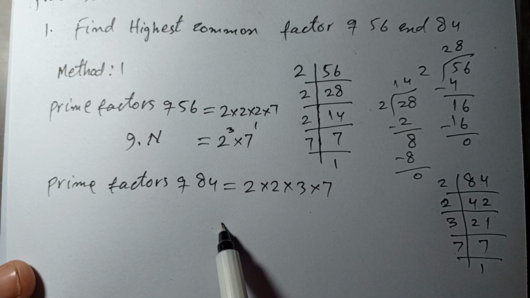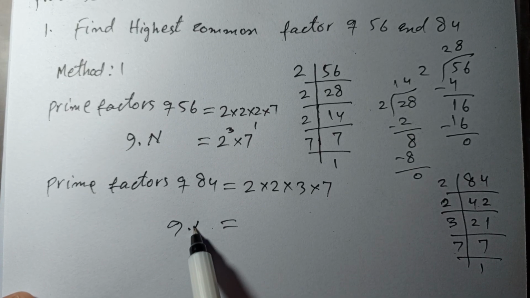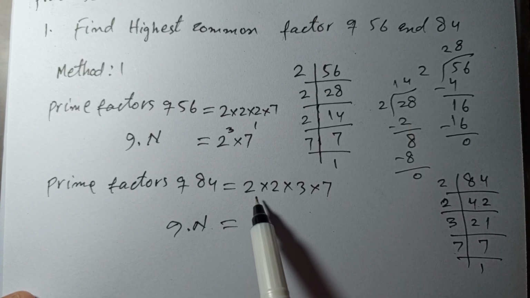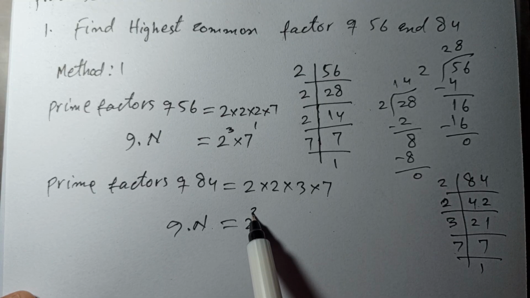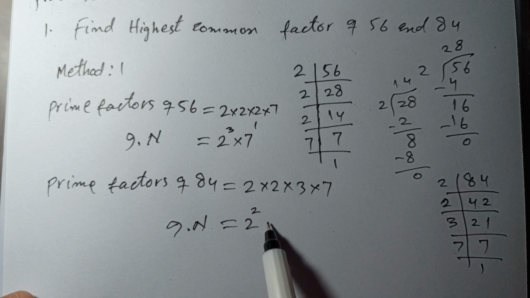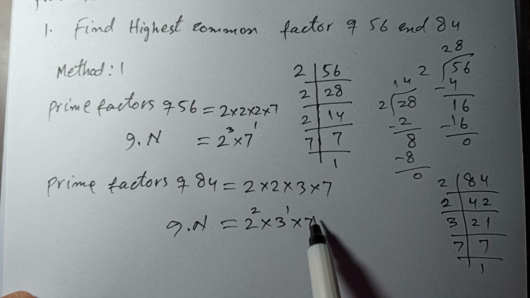Now write the index notation of these. 2 multiplied by 2 is 2 raised to power 2, and 3 raised to power 1, 7 raised to power 1.